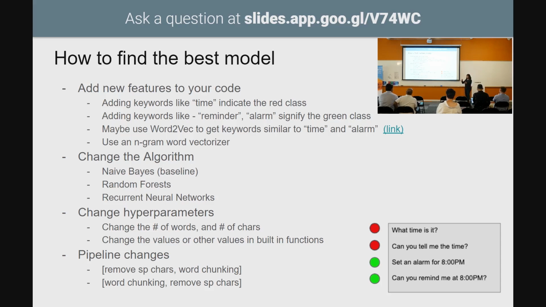If we are first removing the special characters and replacing them with spaces, then we get a different vocabulary. But if we are first doing that chunking, we will have words with the spaces in them. So it's different types of words, and we need to pay attention to that because our feature space will completely change.